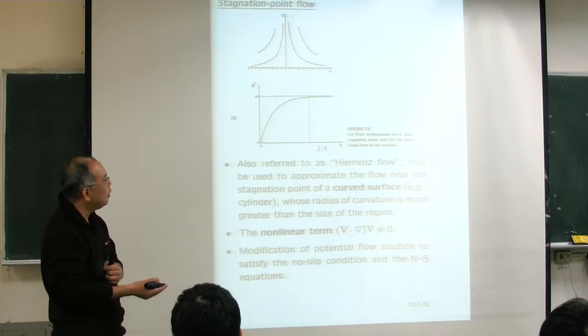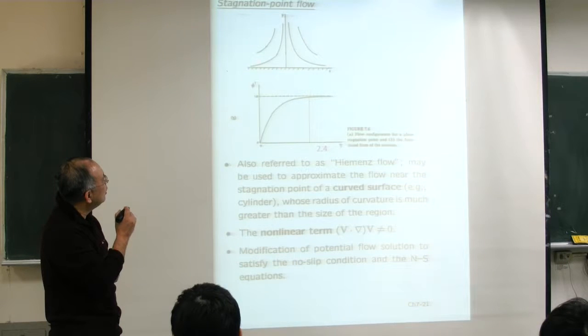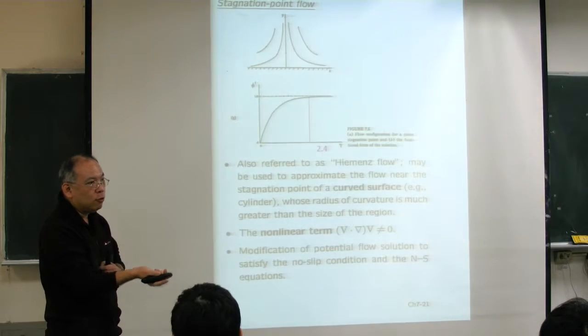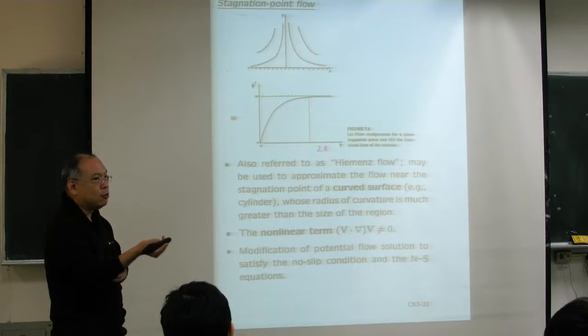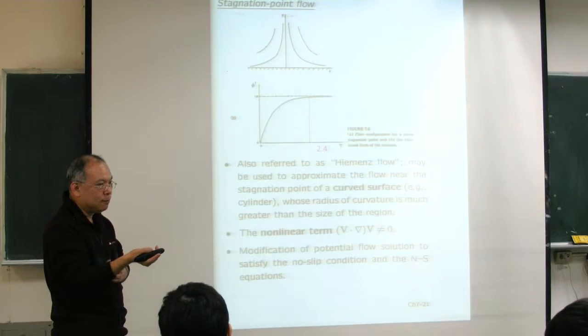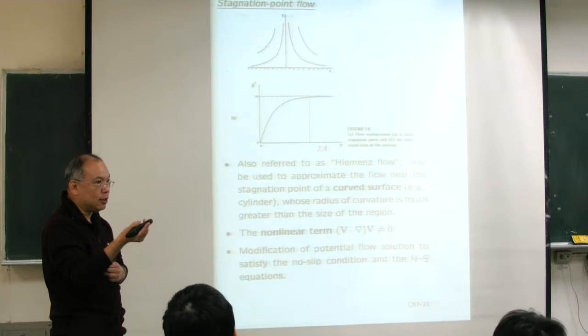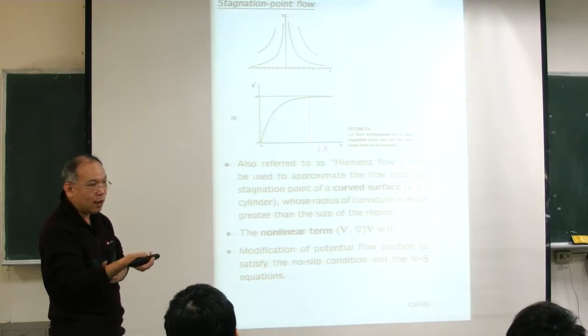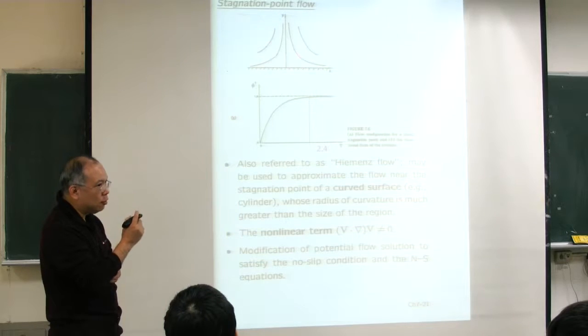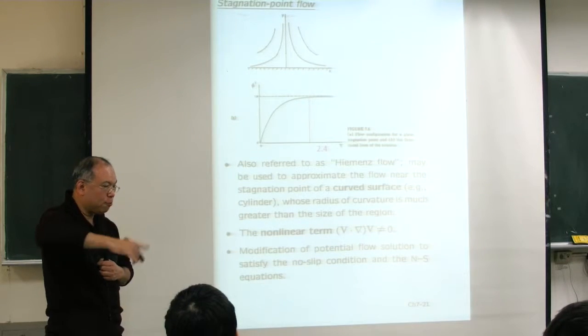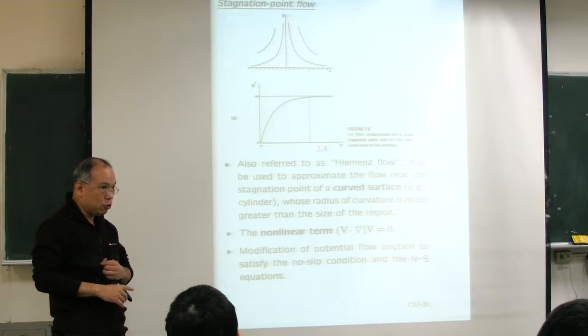And reacting flow means that if you study this kind of flow with combustion, you measure the concentration of each reactant. Okay, because of this shear, you get a very beautiful distribution according to the shear.